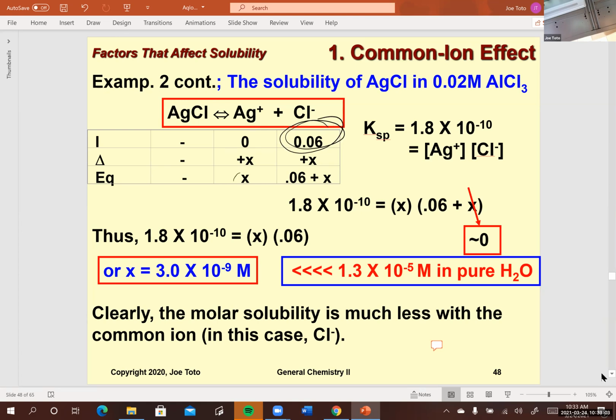This X is still the solubility, and we can calculate it, and we see that now it's much smaller in the presence of a common ion than it was in pure water, just like you thought. Okay.